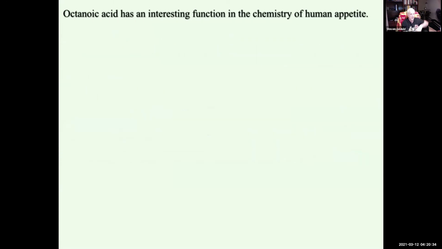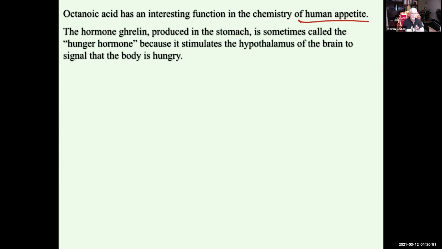Octanoic acid has an interesting function for human appetite. Why do certain people keep eating when they shouldn't? I mean, certain people can sit at a table and eat for hours. There's something in the body that triggers your hunger response. It's called the hormone ghrelin. Ghrelin, produced in the stomach, is called the hunger hormone. It stimulates the hypothalamus of the brain to signal the body that it's hungry.